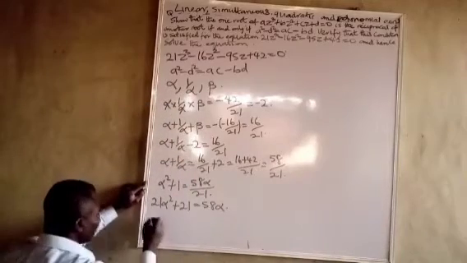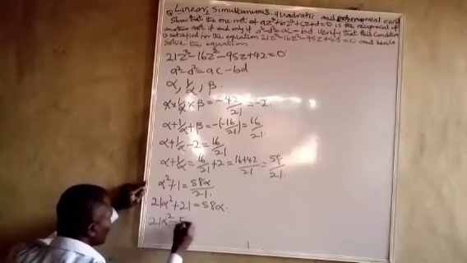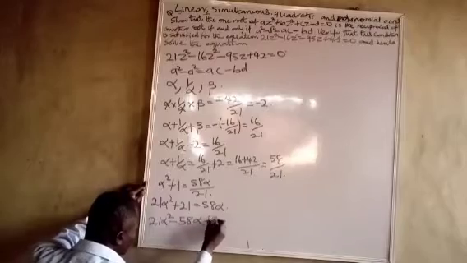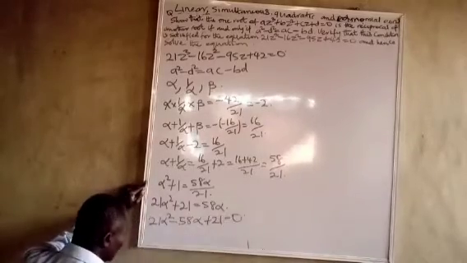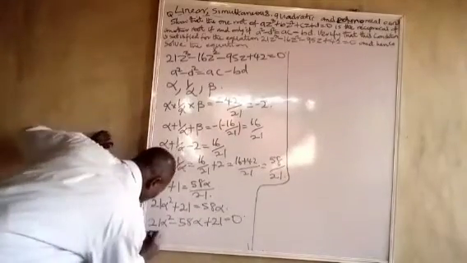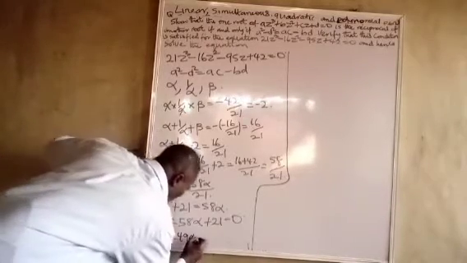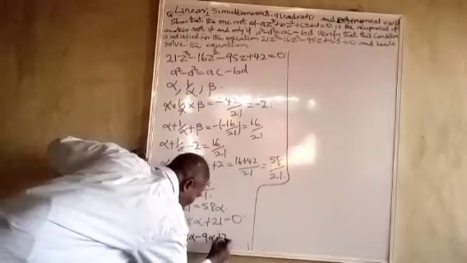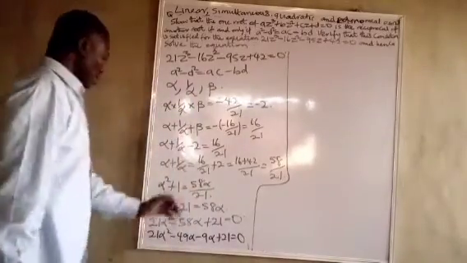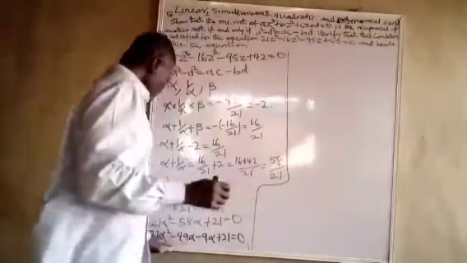Now let's bring everything together. We have 21 alpha squared minus 58 alpha plus 21 equals 0. So I have 21 alpha squared minus 49 alpha minus 9 alpha plus 21 equals 0. Now let's factorize this. I have 7 goes in both.